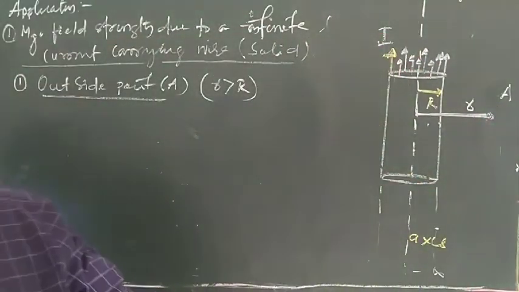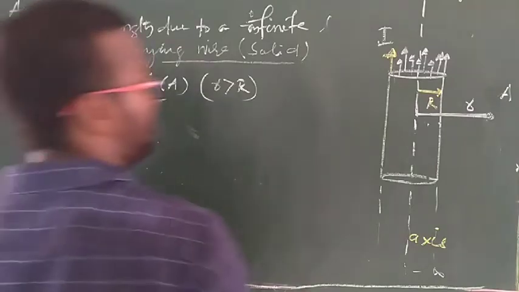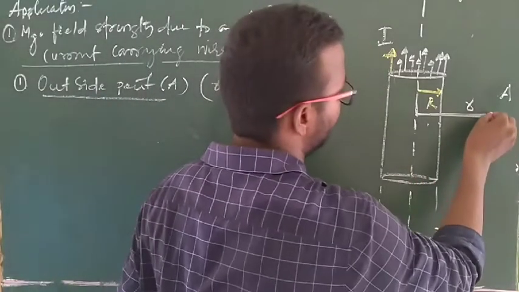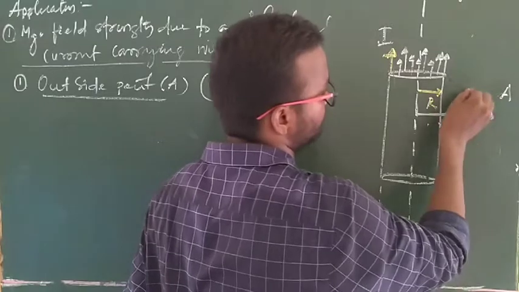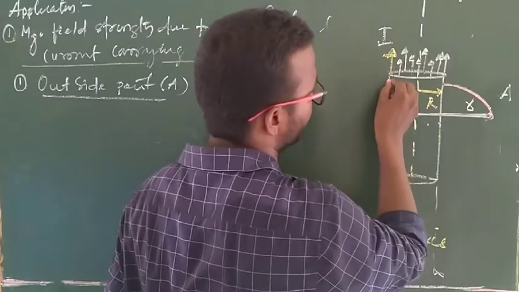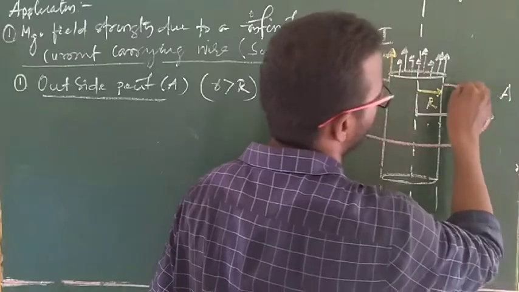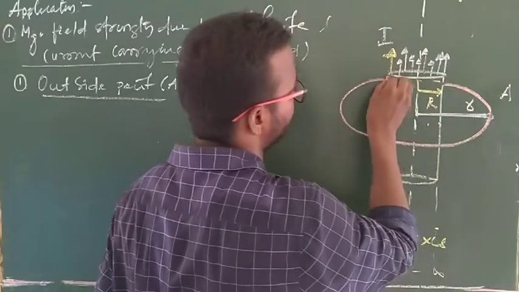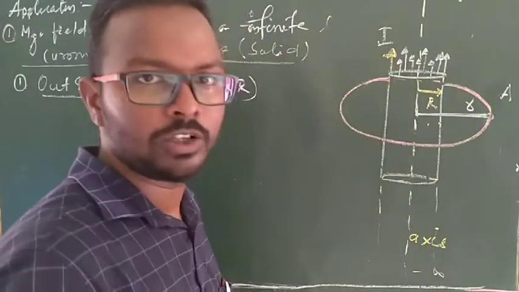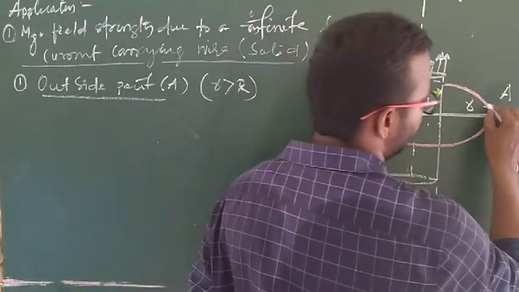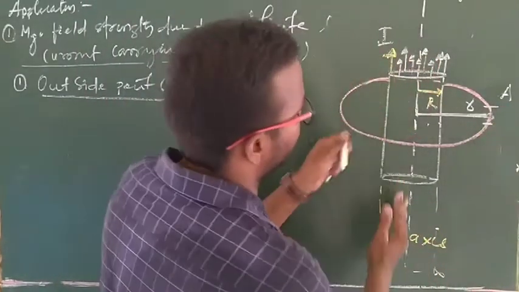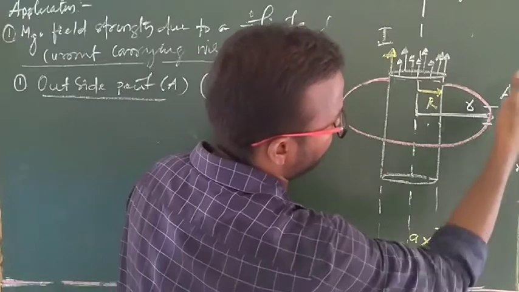So first we draw an Amperian loop, and this is the Amperian loop. Clear? If this is the direction of current, then this is the direction of magnetic field.